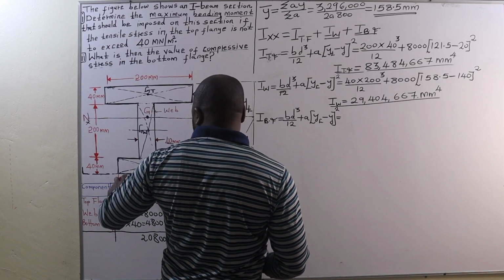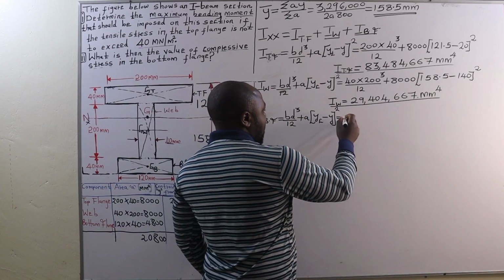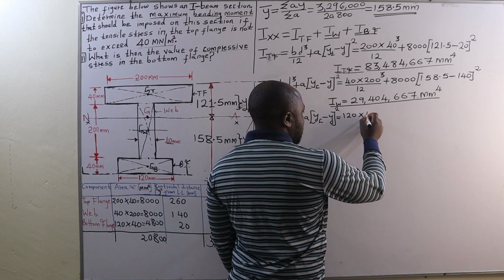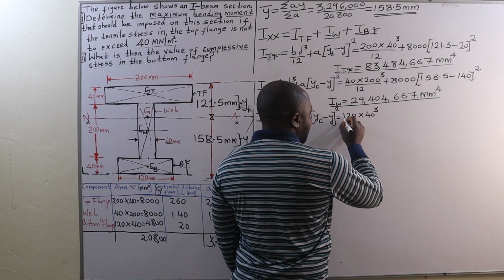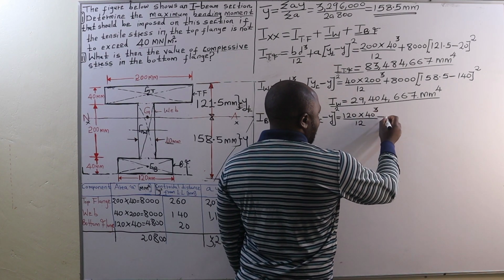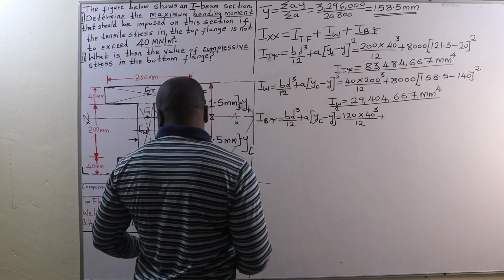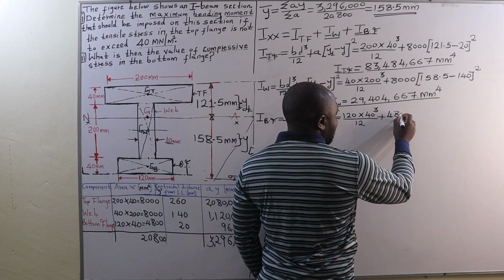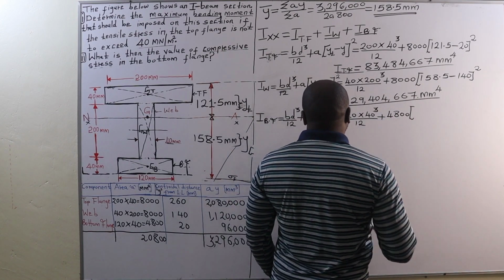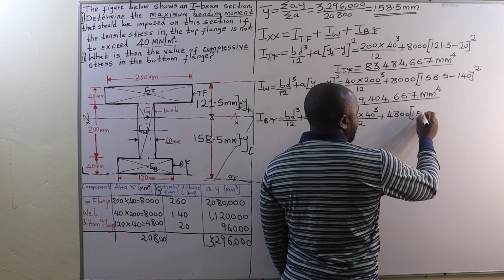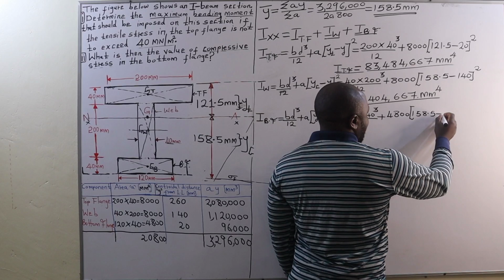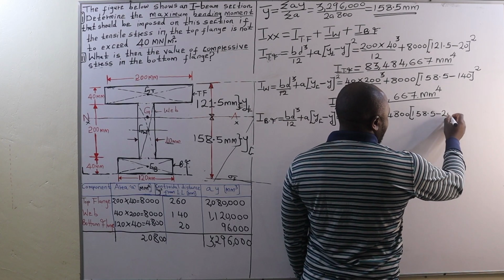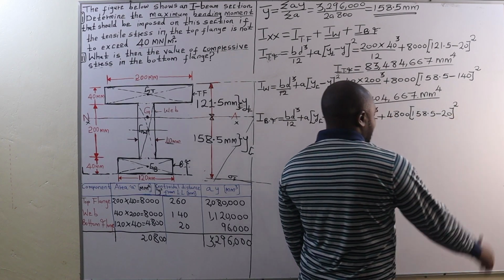So that's going to be the breadth of the bottom flange, 120 millimeters, multiplied by its depth, which is 40 millimeters, cubed, all over 12, plus the area of the bottom flange, 4,800. Therefore, 4,800 into YC, which is 158.5, minus Y for the bottom flange, which is 20, and then we square it.